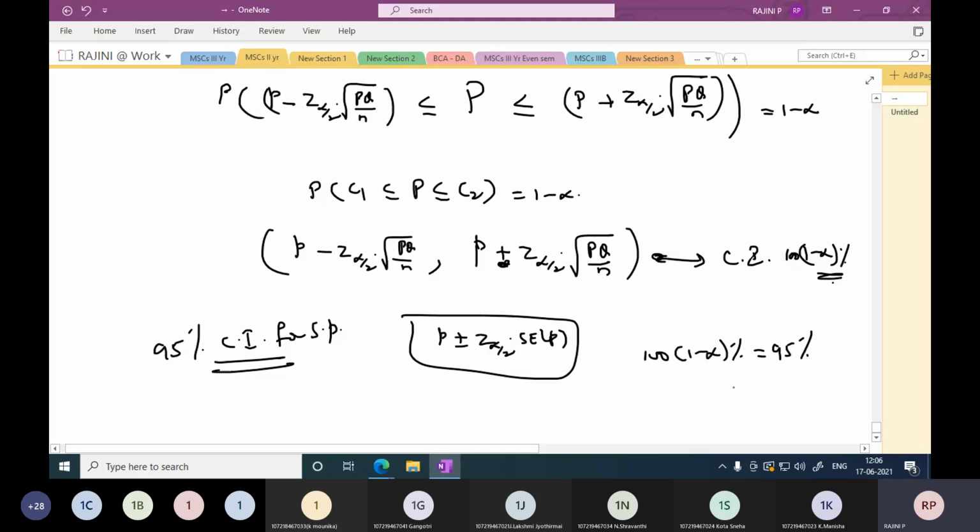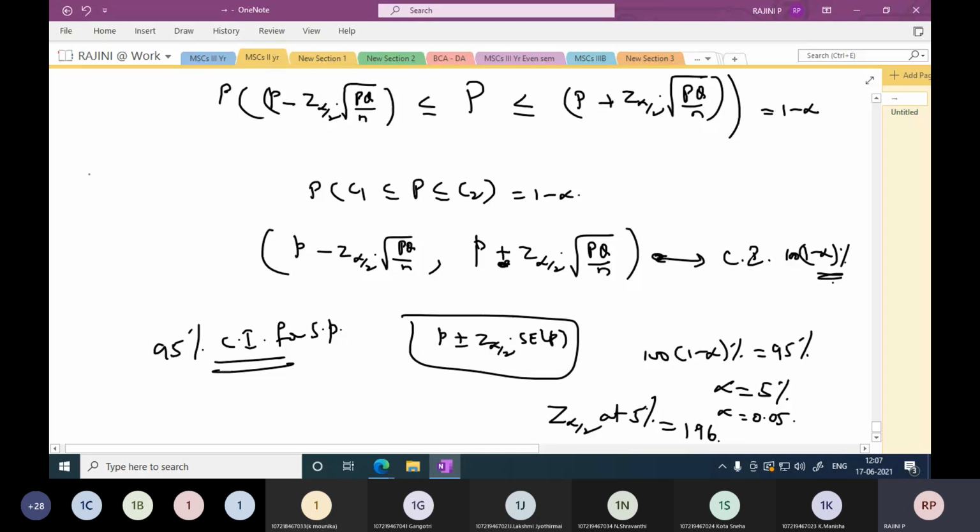That means what is the alpha value? Alpha is 5%. So alpha is 0.05, which means what is the Z alpha by 2 at 5% level of significance? 1.96. So in place of Z alpha by 2, substitute 1.96. That's it. Is it clear?